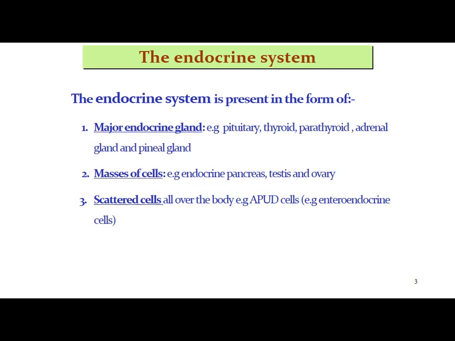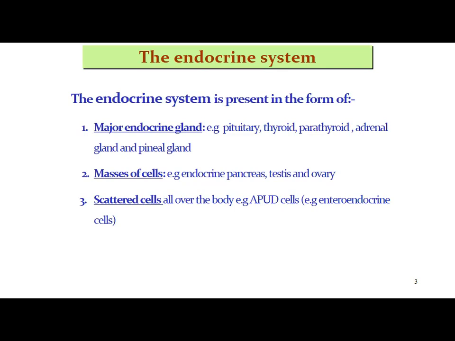These are not entirely endocrine glands, but some of the cells of those organs are acting as endocrine system. Sometimes individual cells act as the endocrine gland itself. Scattered cells which are present all over the body, one of the best examples is the APUD cells, which are also called enteroendocrine cells, where individual single cells themselves can produce some kind of chemicals or hormones which will be released directly into the blood.